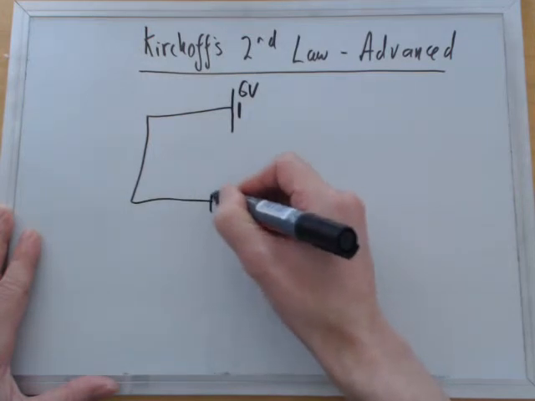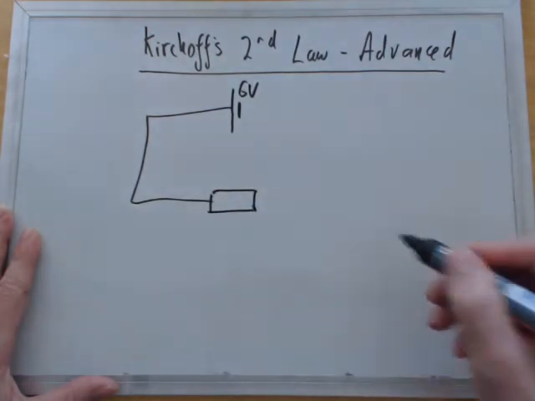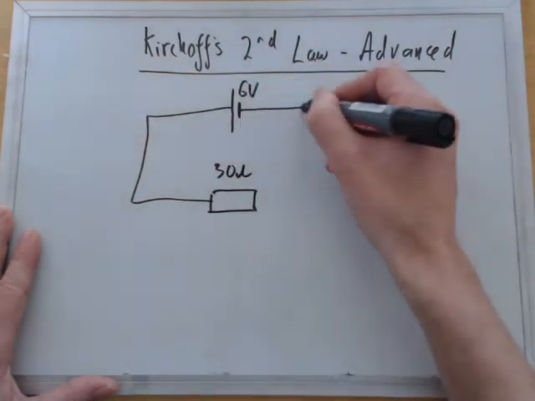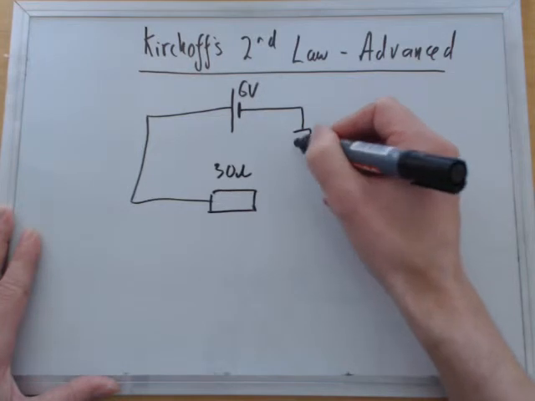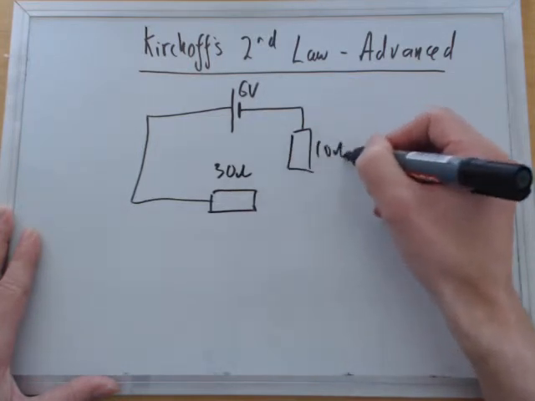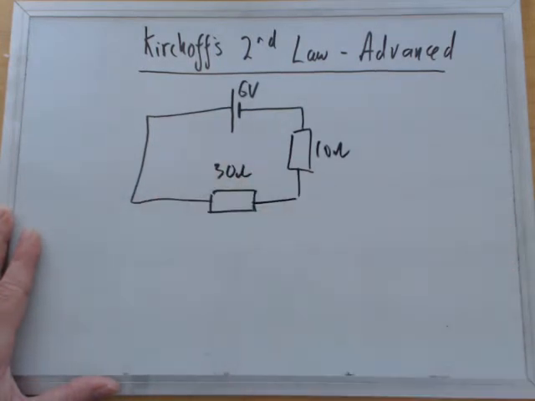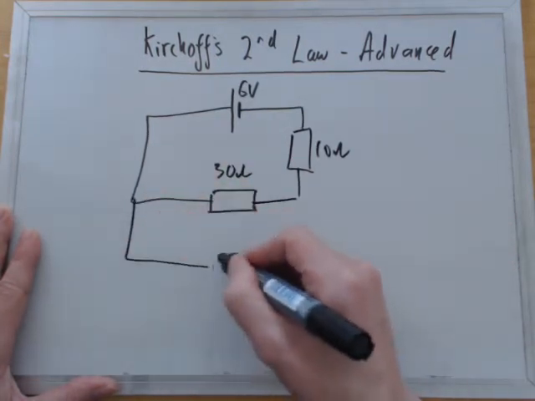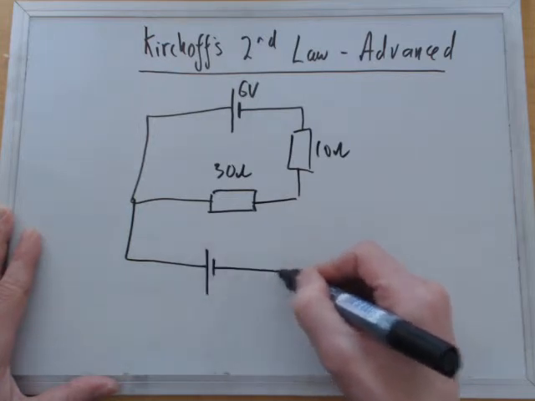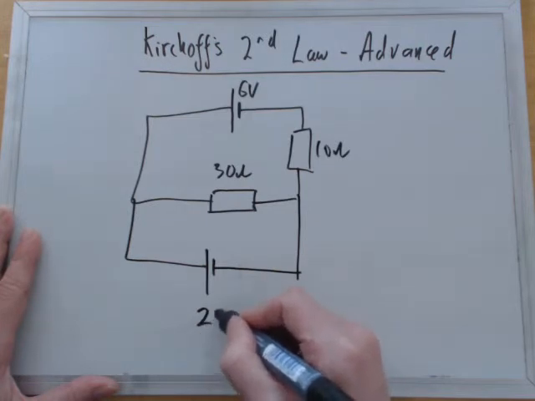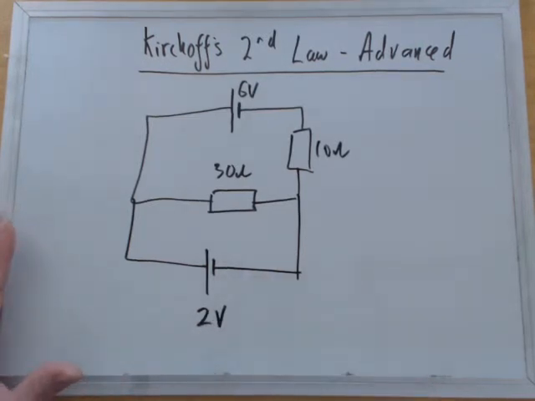And we'll have a parallel circuit with a 30 ohm resistor there, a 10 ohm resistor there, and in fact what we'll have here is another EMF acting in that direction there, which in fact would be opposing.